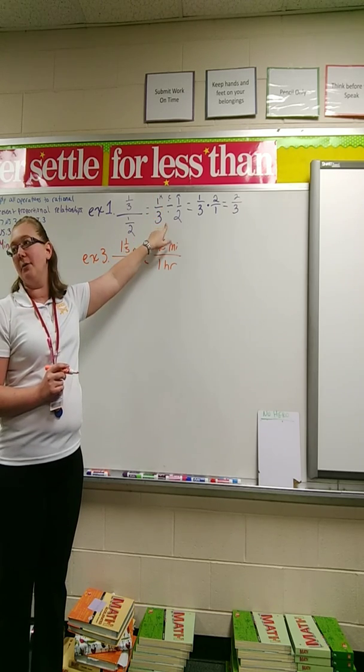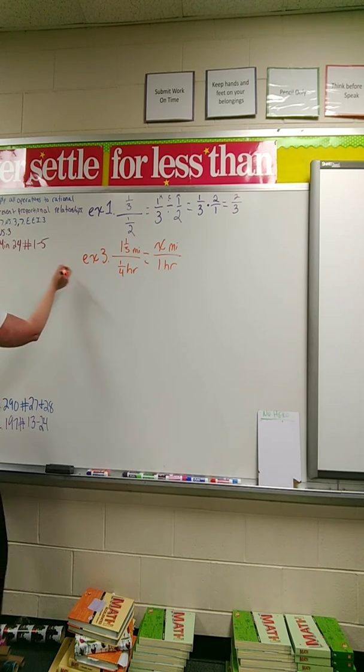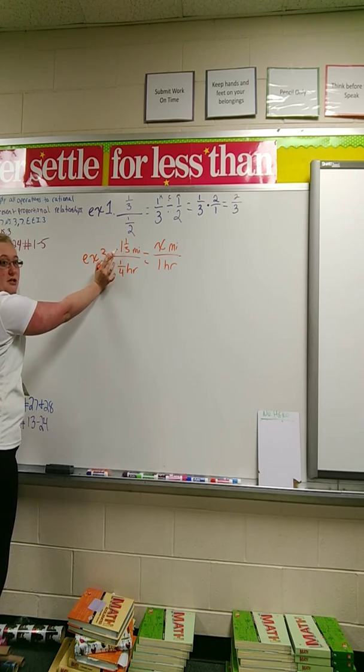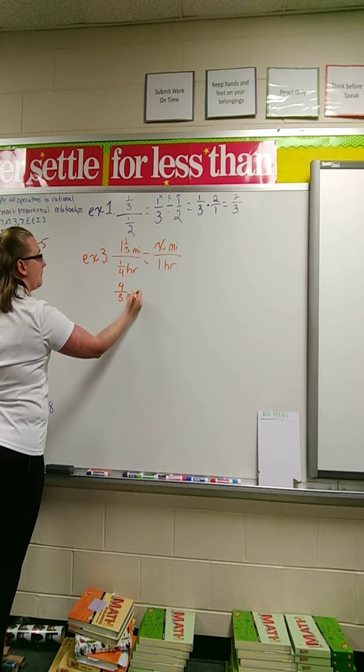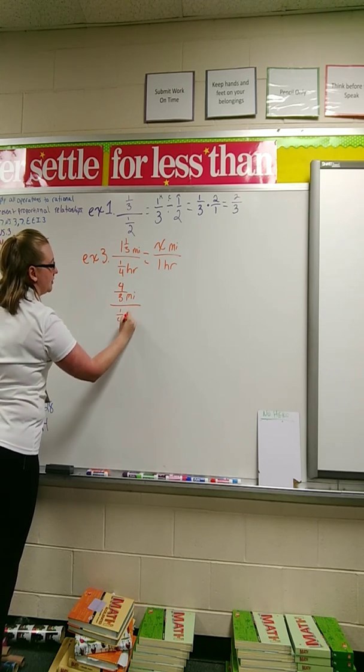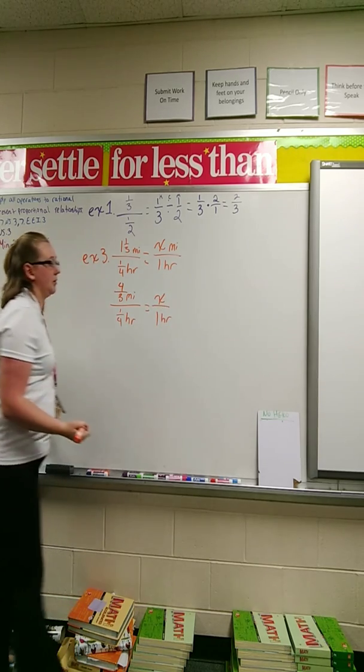We can't divide with mixed numbers. So, off to the side, 3 times 1 is 3 plus 1 is 4, so that's going to be 4/3 miles over 1/4 hour equaling x over 1 hour.